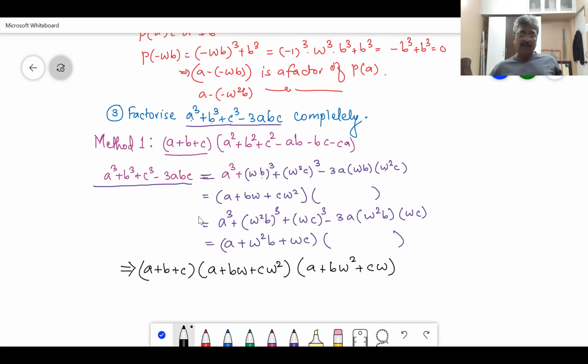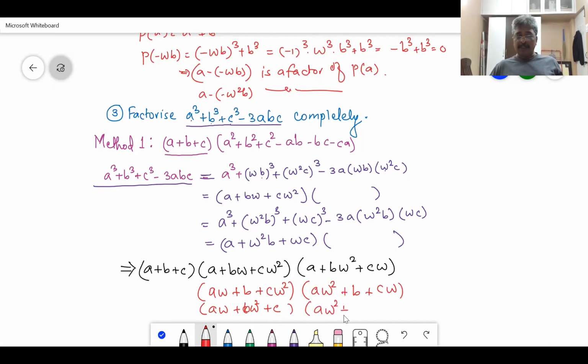So what he is trying to say is, if this is a factor, why not this? a omega plus b plus c omega square, and along with that a omega square plus b plus c omega. Why not these two factors? Because if we multiply it by omega, then it becomes something else: a omega plus b omega square plus c, and a omega square plus b omega plus c.